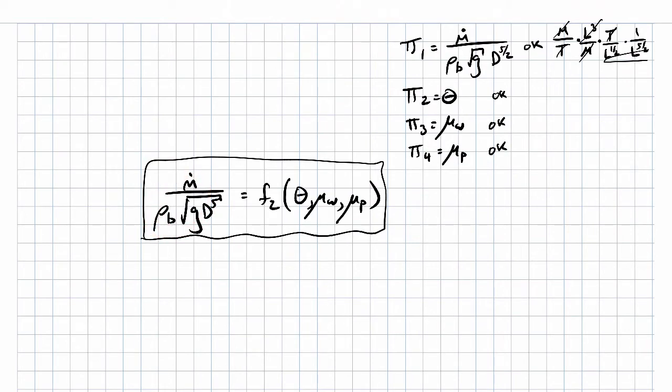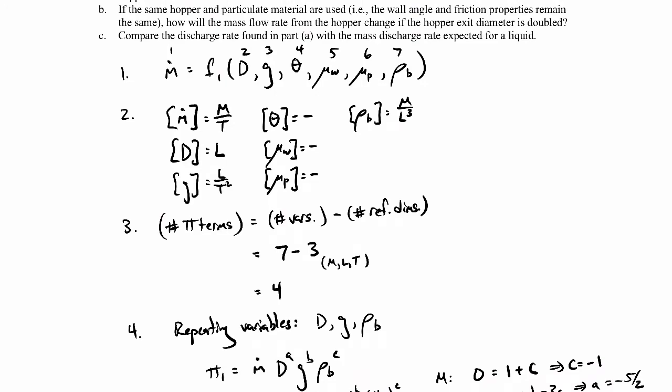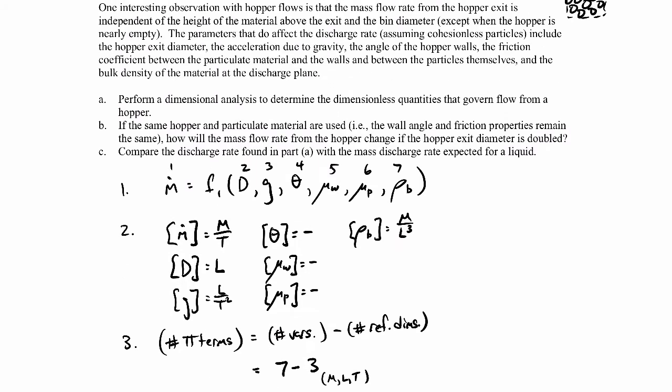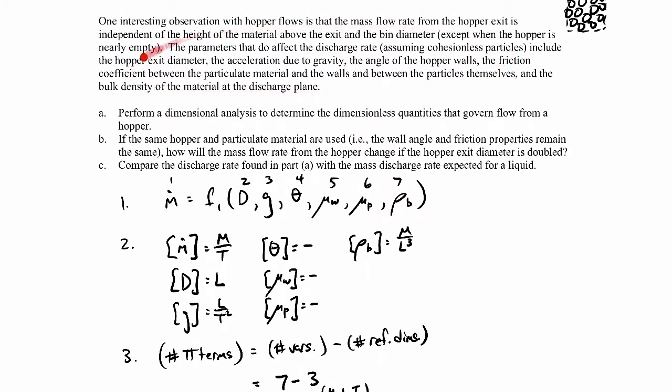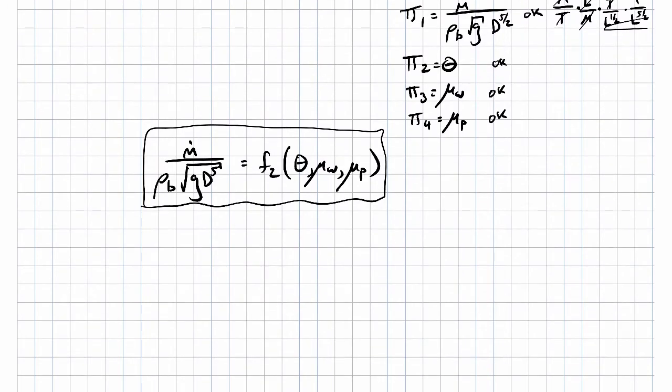You'll see there is no height of material in here because that wasn't part of our original list of variables, because we know it's not dependent on height. We said in the problem statement that that was the case. All right, so that's our expression for the discharge rate from the bin.